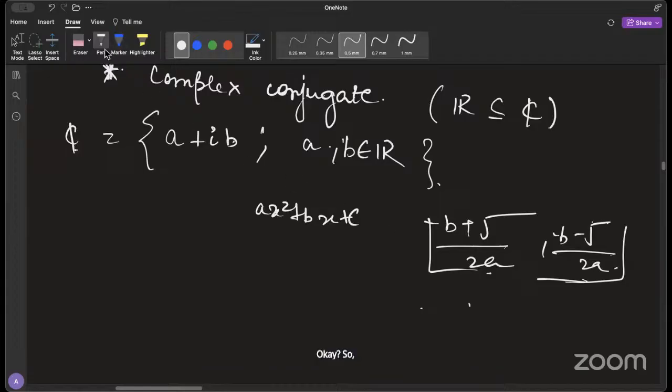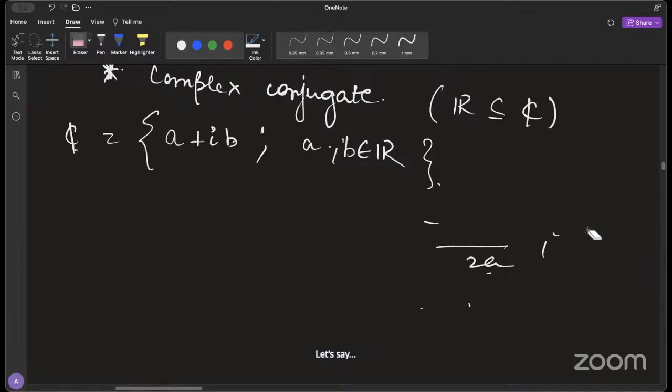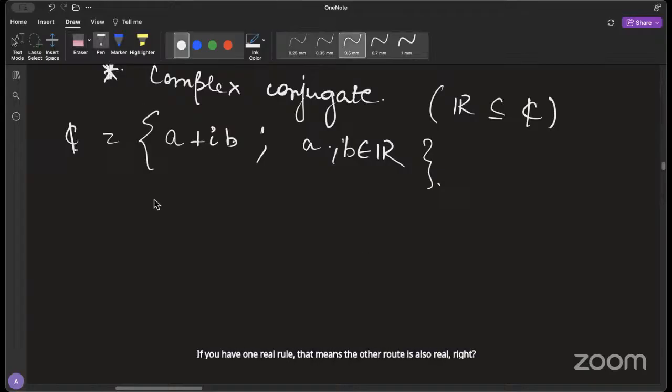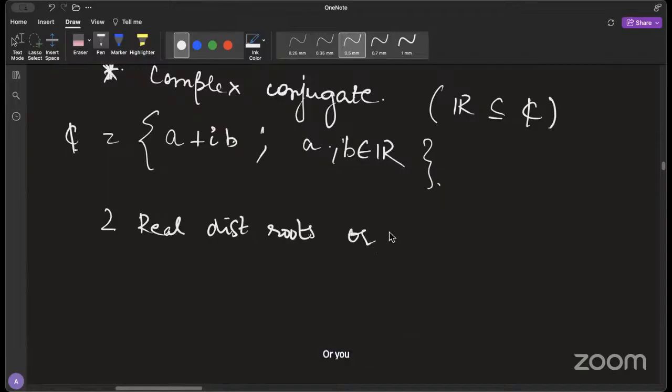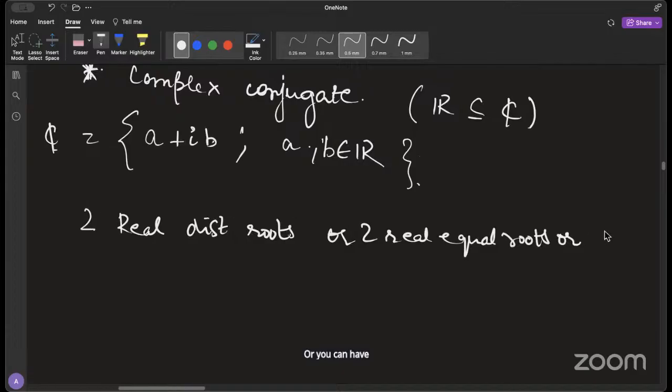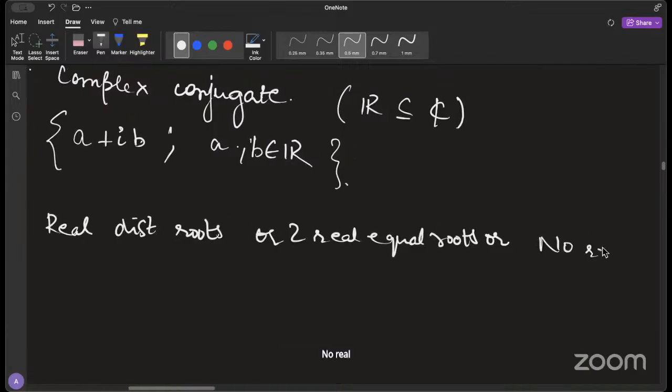So if you have one real root, that means the other root is also real, right? Because from the cases we have done, we've seen what can you have? Two real distinct roots, or you can have two real equal roots, or you can have no real roots.